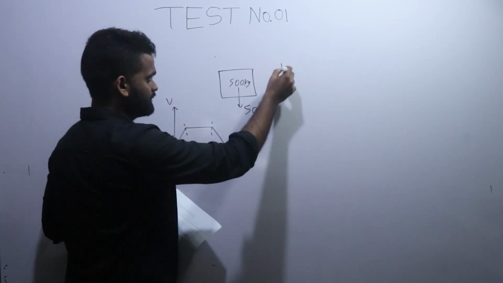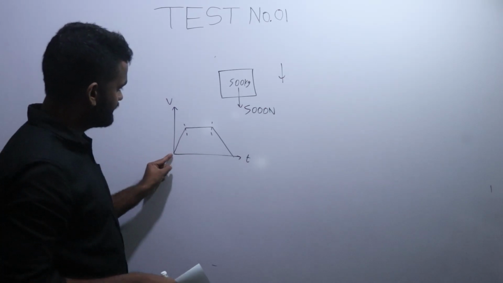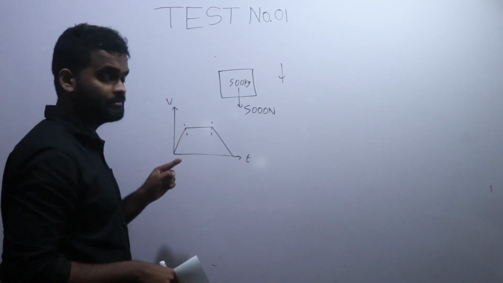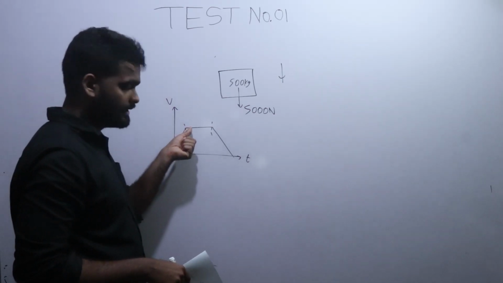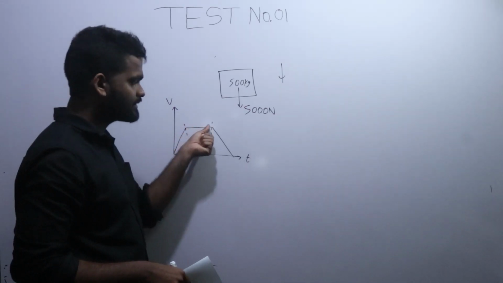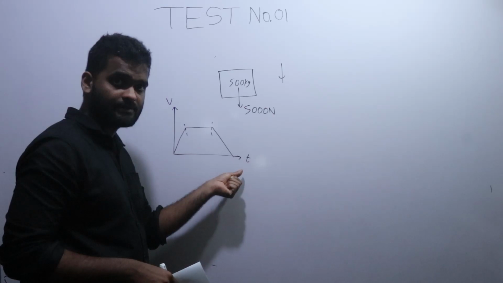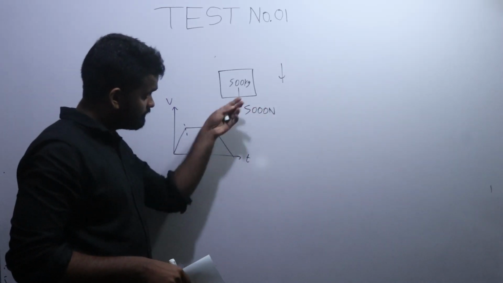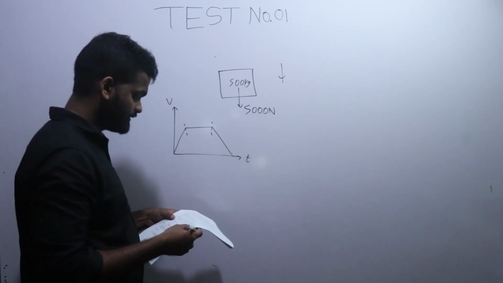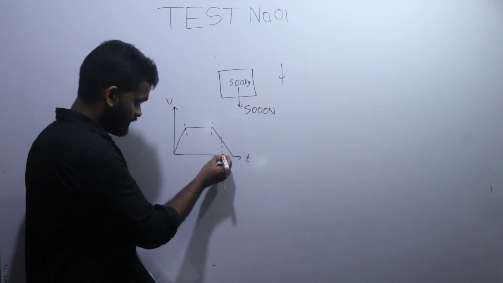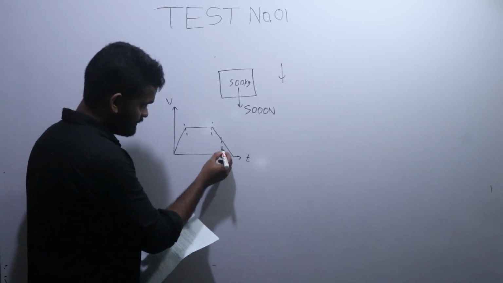So it is moving downwards. At this part, we can say that it is moving downwards at an acceleration, then at a constant velocity, then it decelerates, moving downwards. So when T equals 7, the time is somewhere here.